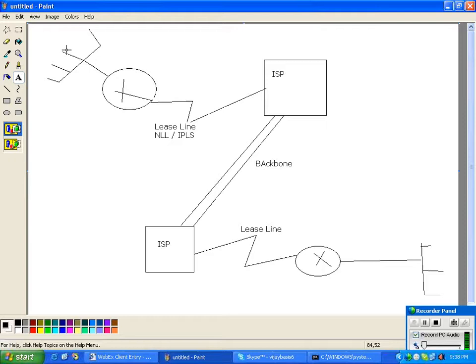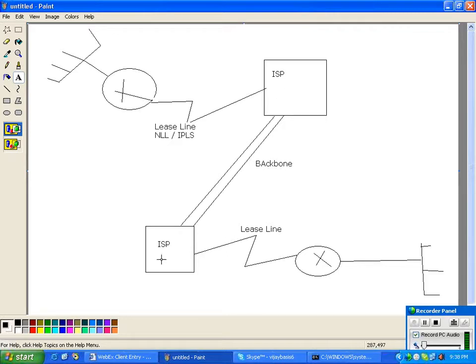So my network, my private network, is at a remote place, and at that remote place it will be connected to their local ISP office, and local ISP office to my place ISP office. There is a backbone connection. Internally it is dependent on intermediate nodes. Suppose in Chicago I have an office, and I have another office in New Jersey.